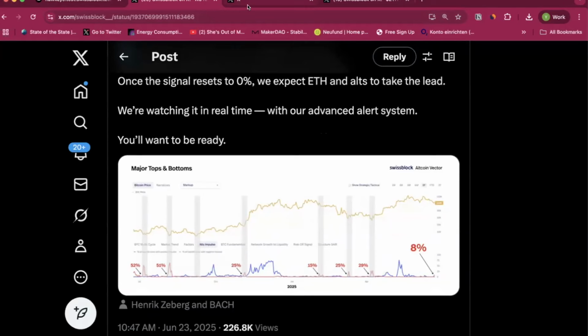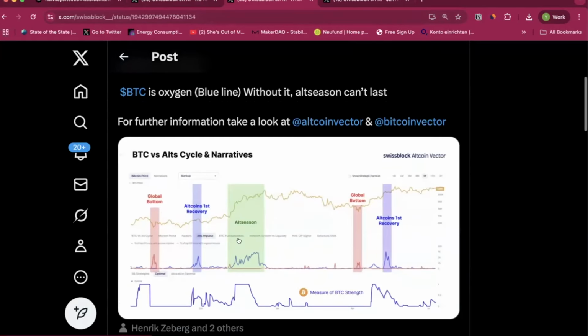And ever since then, what has basically happened is that we've had a 3-legged cycle, starting with a global bottom, continuing into an actual first phase of recovery, and then creating the foundations for an actual alt season.